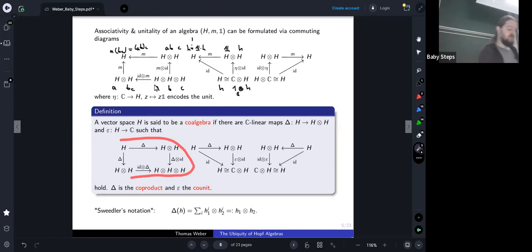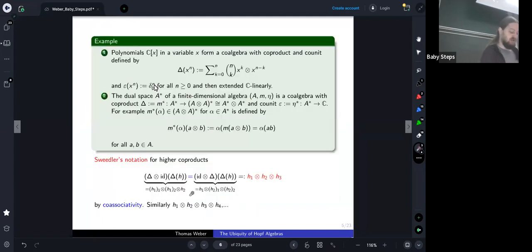What is meant was, you first co-multiply, you end up in H tensor H, and then you co-multiply the first tensor factor. And this should be the same thing as you co-multiply, and then you co-multiply on the second tensor factor. They have to be equal.